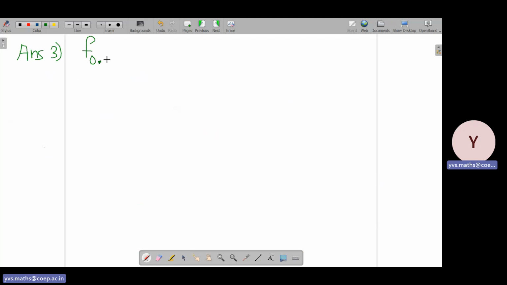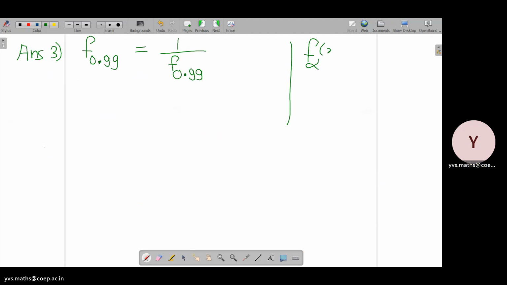f suffix 0.99, we will be writing as 1 upon f suffix 1 minus alpha. Basically the reciprocal rule is, let me write it over here: f alpha with nu1 and nu2 degrees of freedom is 1 upon f 1 minus alpha for nu2 and nu1 degrees of freedom.